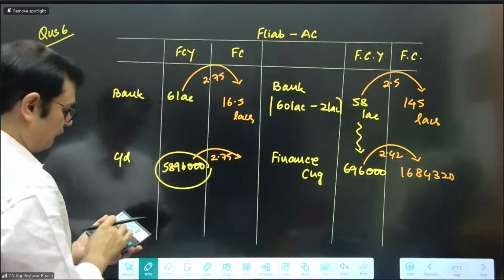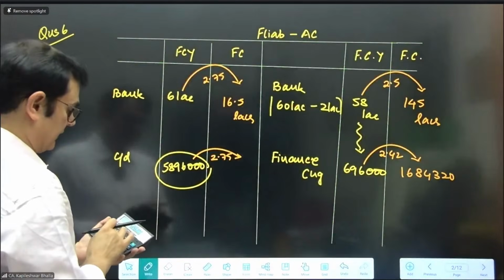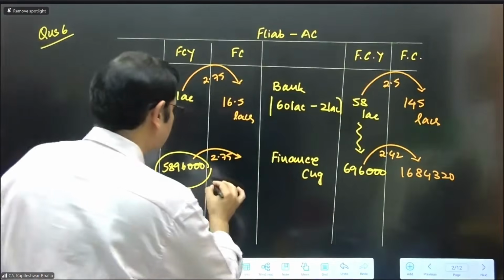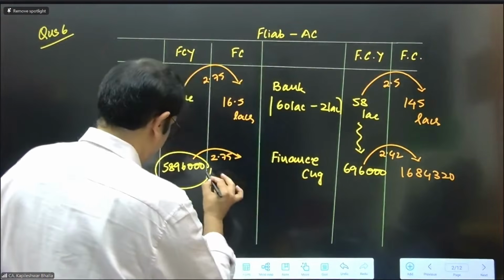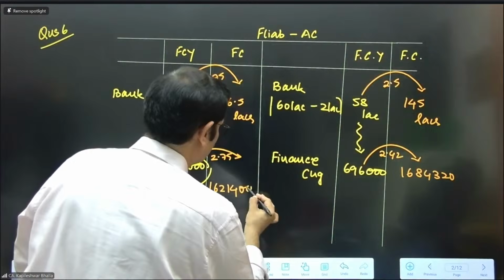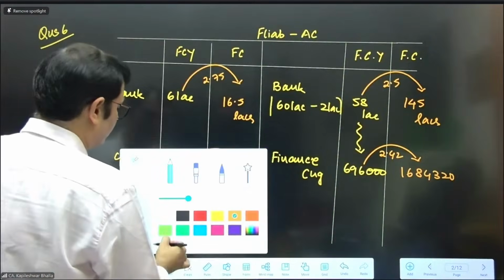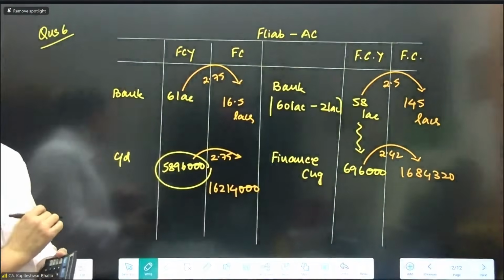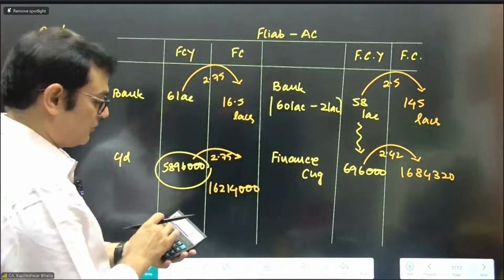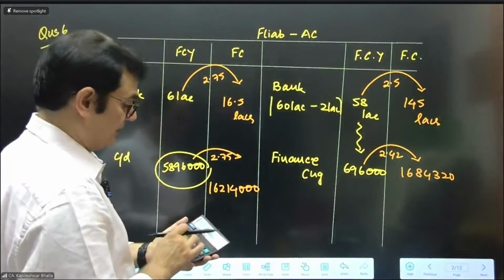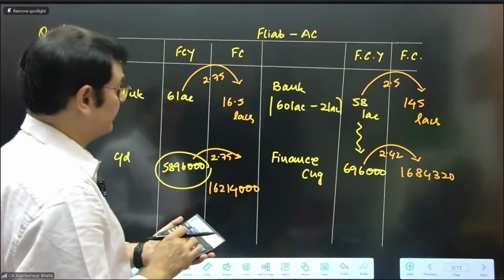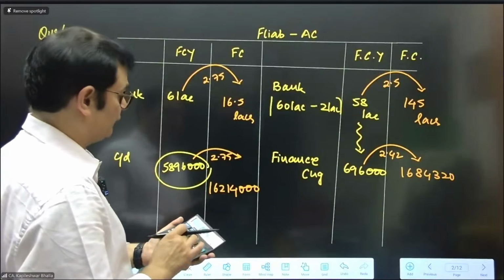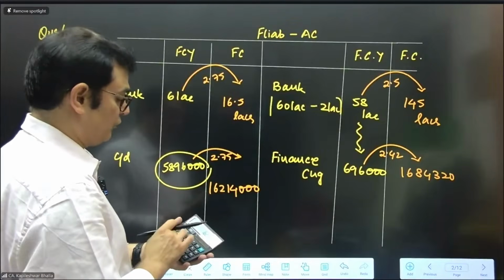So multiplying 58,96,000 into 2.75, this is 162,14,000. I think now we can comfortably see what is the balancing figure in the ledger. So 145 lakhs, 1684,320, 1650, 162,14.